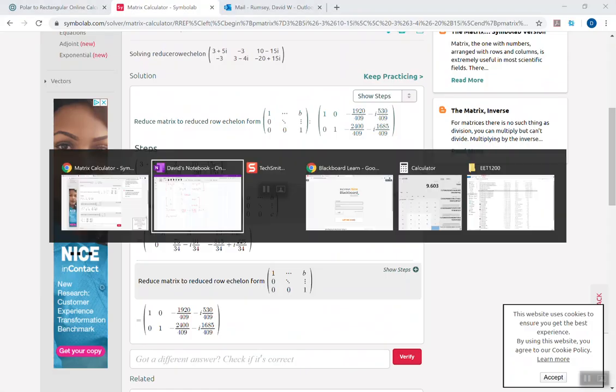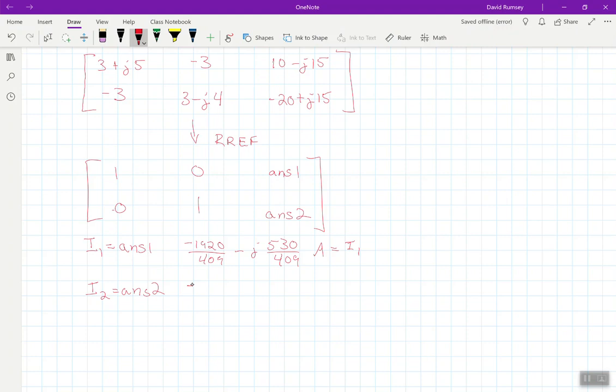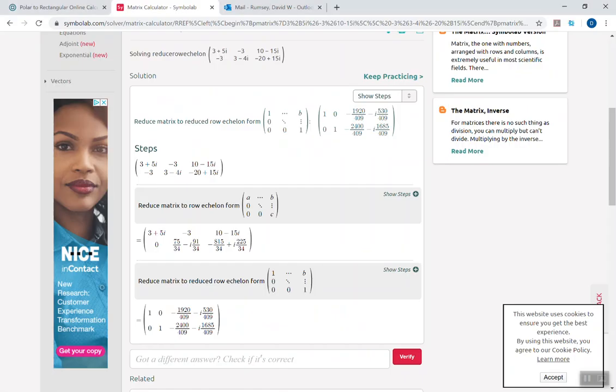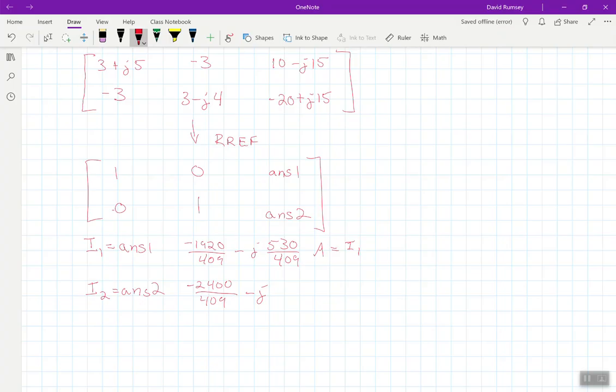And then 2400 over 409 minus J 1685 over 409 amps is I2.